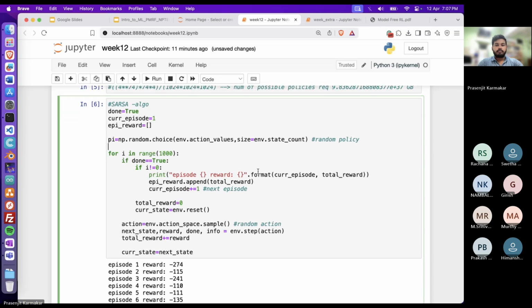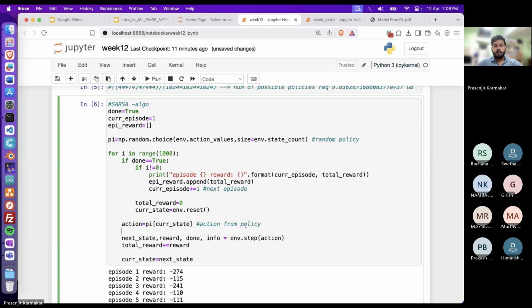Okay. Now here, instead of taking a random action, I have to take the action from the policy. So pi of the current state, this is my action from the agent. Instead of a random action, this is the action from the current policy.